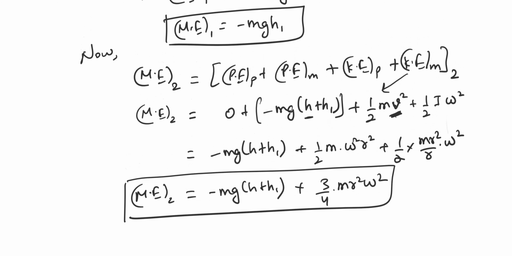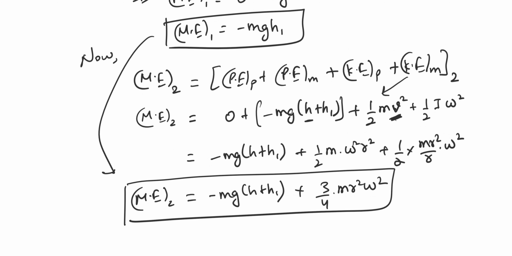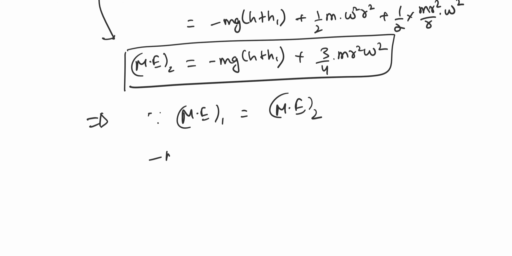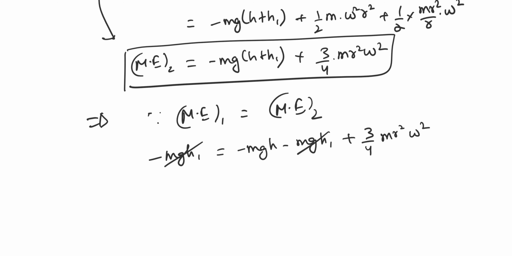Since mechanical energy at 1 and mechanical energy at 2 are equal, minus mgh1 is equal to minus mgh minus mgh1 plus 3 by 4 mr square omega square. The mgh1 terms cancel, so we have mgh equals 3 by 4 mr square omega square.